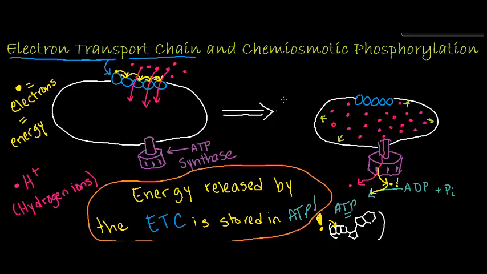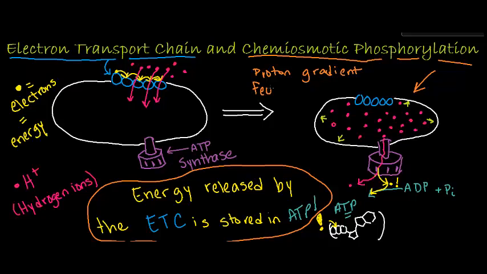And this process is called chemiosmotic phosphorylation. You're adding a phosphate, it's phosphorylation, and it involves the pressure because of the proton gradient within the membrane, hence the chemiosmotic. And so we call it chemiosmotic phosphorylation. The proton gradient fuels the ATP production using ATP synthase.